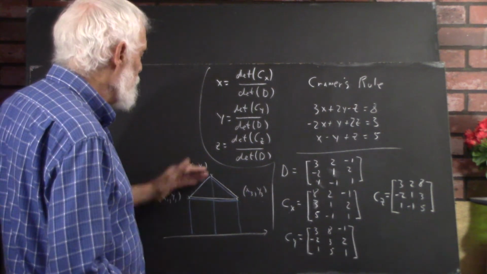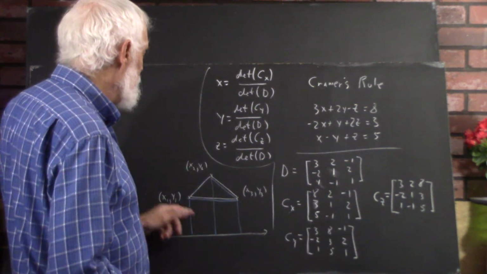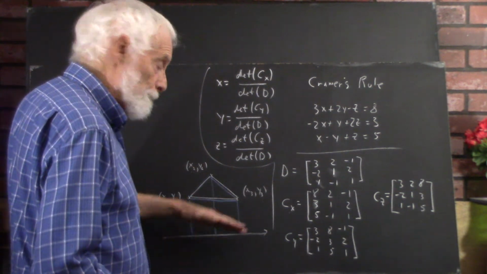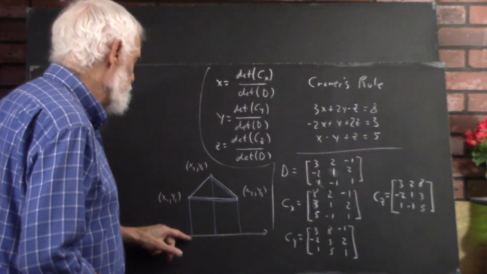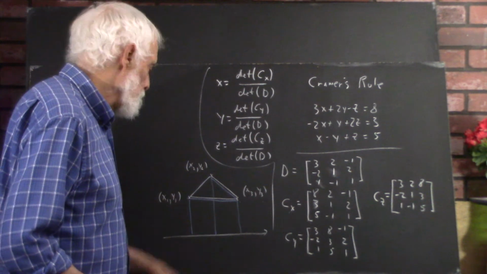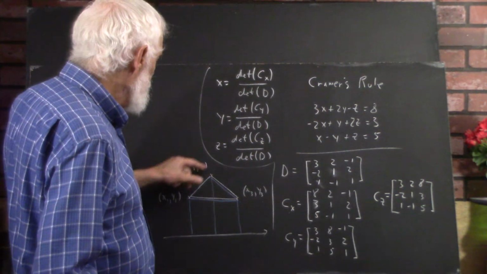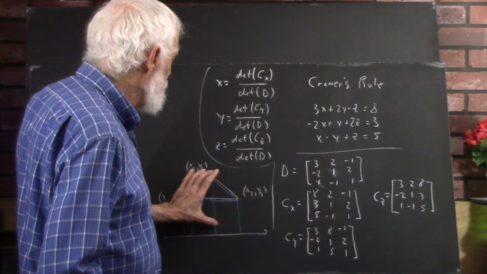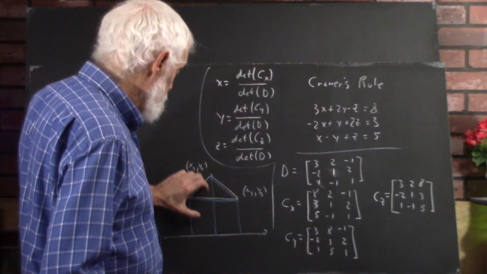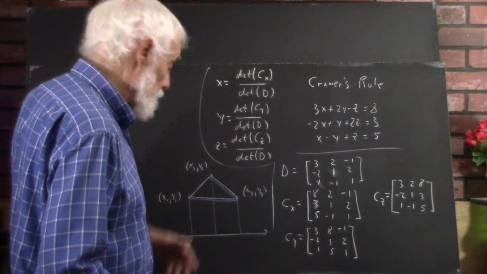Okay? So it's all the area below the triangle minus the area below the lowest side. The area below the lowest side is the area of this trapezoid. The total area is the area of this trapezoid plus this trapezoid. Okay, I've got two trapezoids that make up the total area.